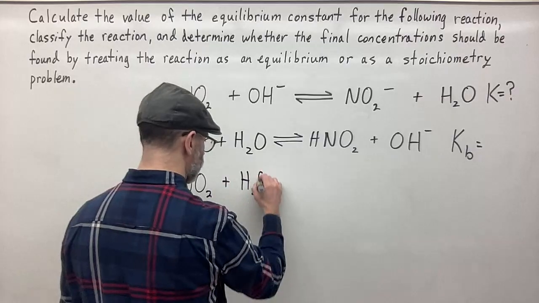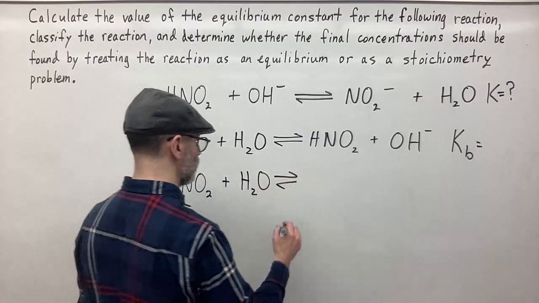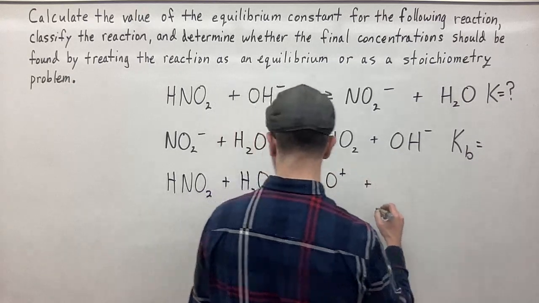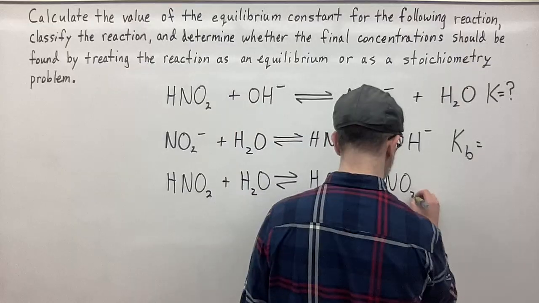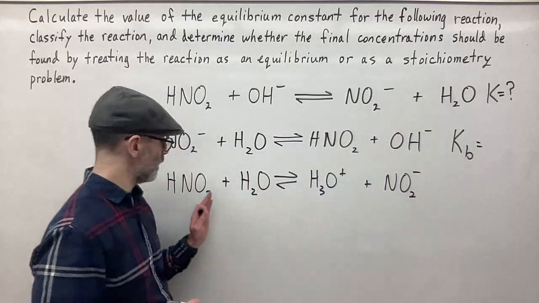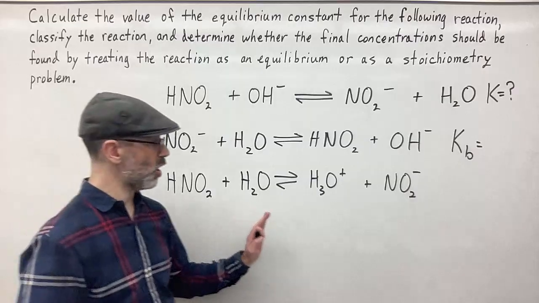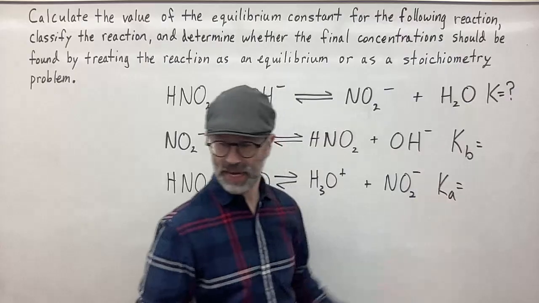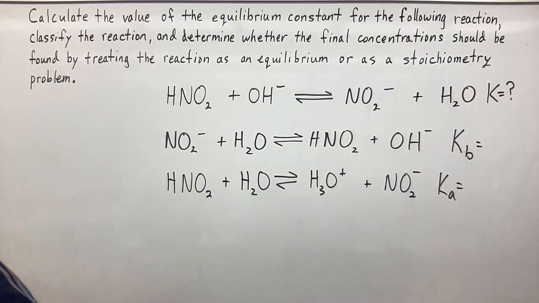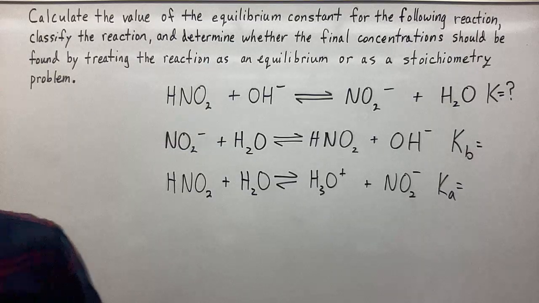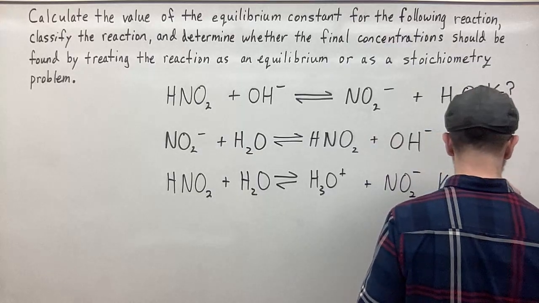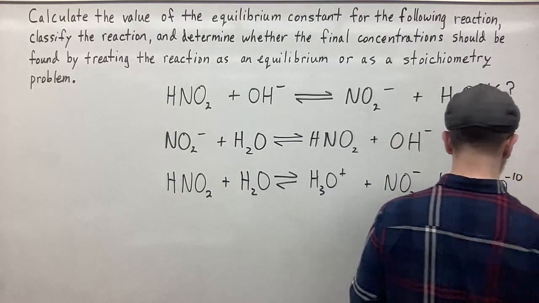That's going to react with water, and that's going to form the hydronium ion plus the nitrite ion. Because you have a weak acid reacting with water, this has a Ka value. We can look that Ka value up, and we get 7.2 times 10 to the negative 10.